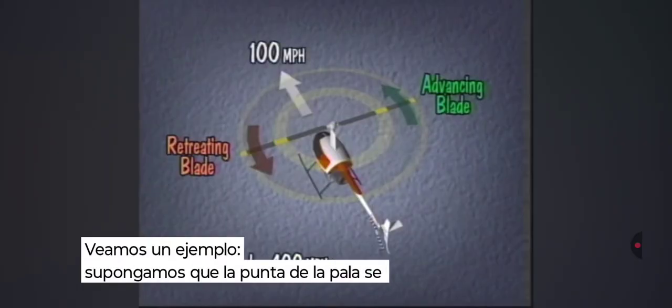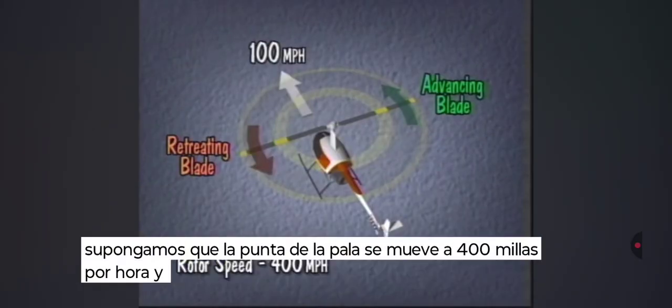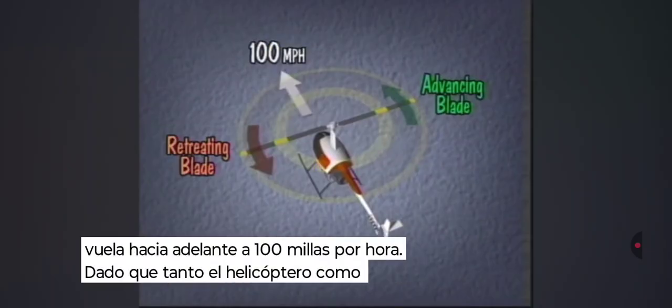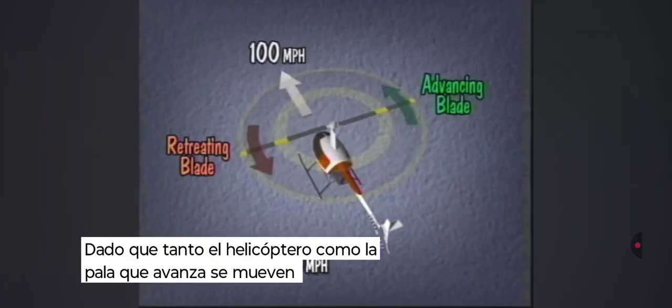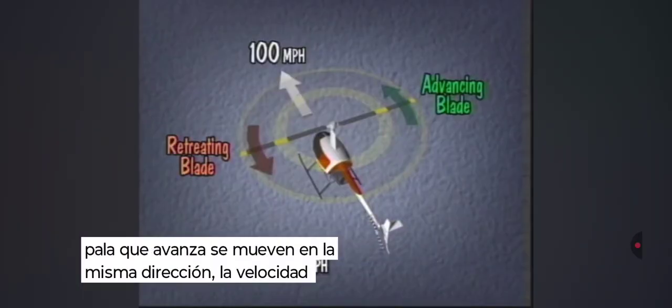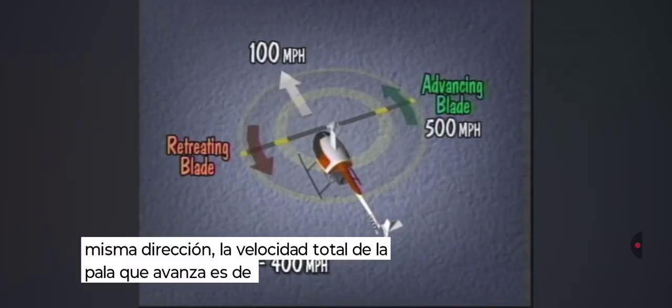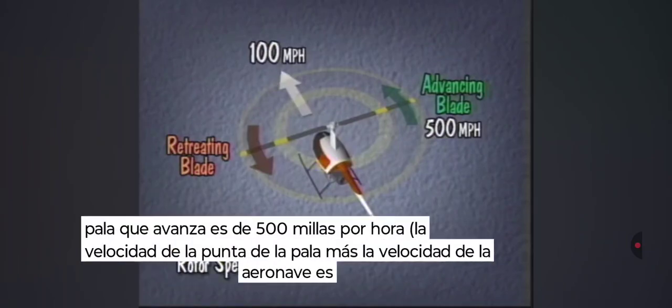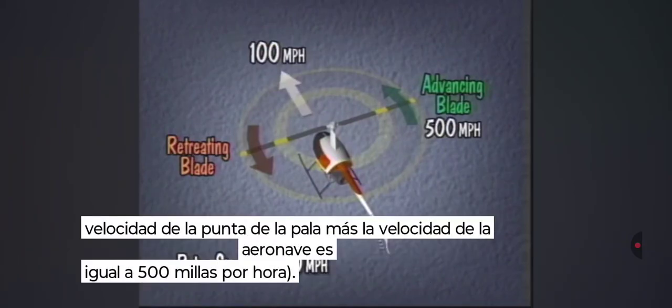Assume the blade tip is going 400 miles per hour and the helicopter itself is flying forward at 100 miles per hour. Since both the helicopter and the advancing blade are advancing in the same direction, the total speed of the advancing blade is 500 miles per hour. Blade tip speed plus aircraft speed equals 500 miles per hour.